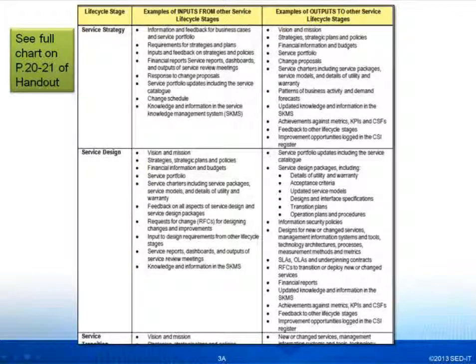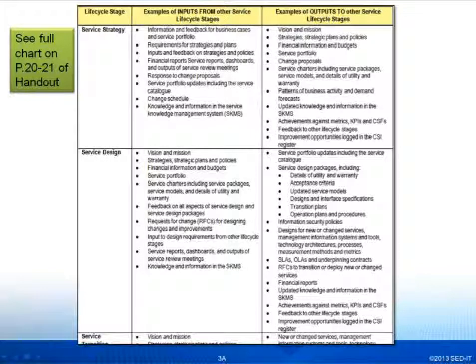Okay, you don't need to be a Rhodes Scholar to figure that one out, but you have to keep this in mind of who's getting what from whom. So during all of the time of your process design and trying to create an integrated design for service management across your enterprise, these are some very, very good points to understand, remember, and deploy.